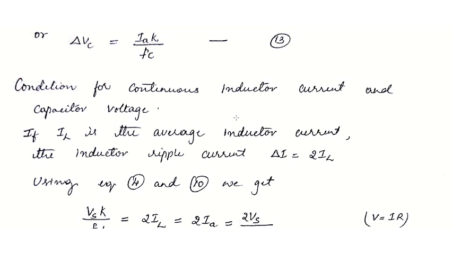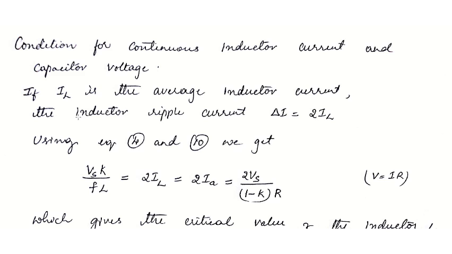Now, the conditions for continuous inductor current and capacitor voltage. If IL is the average inductor current, the inductor ripple current delta I is given by twice of IL.